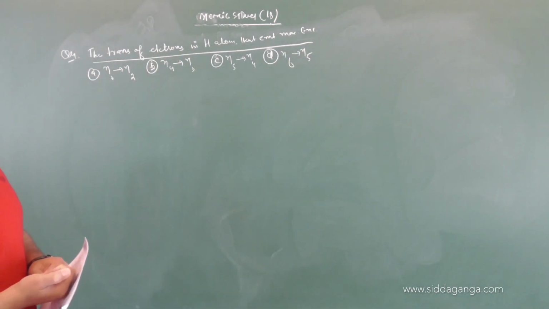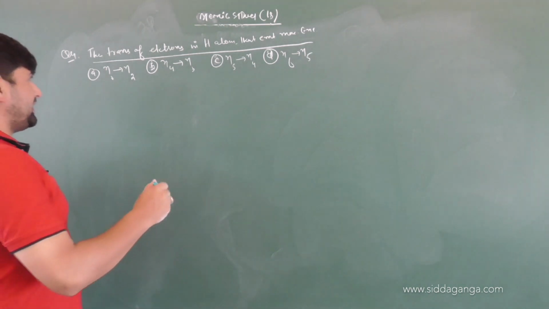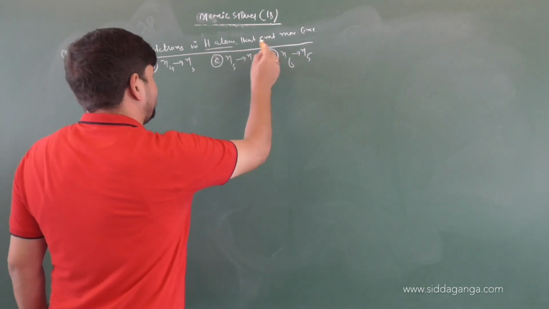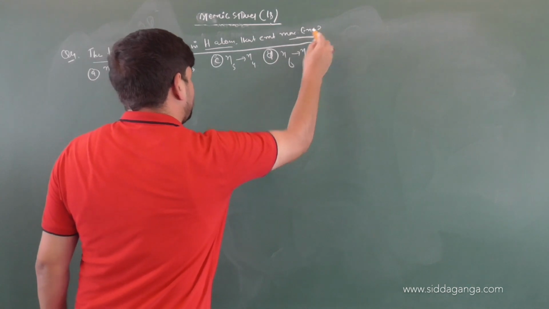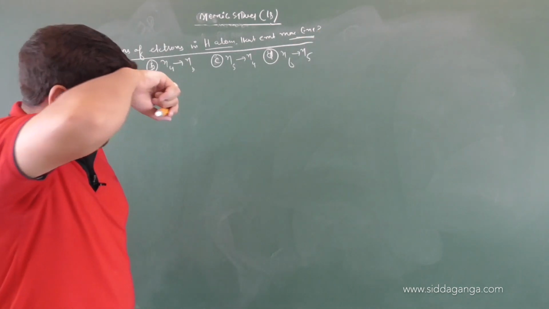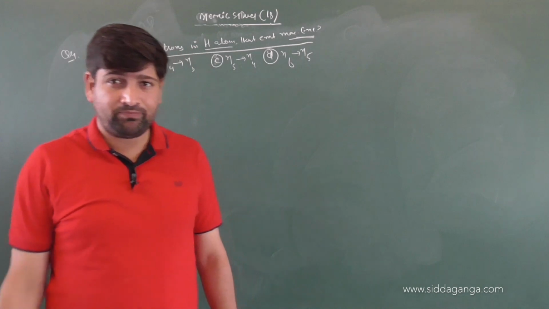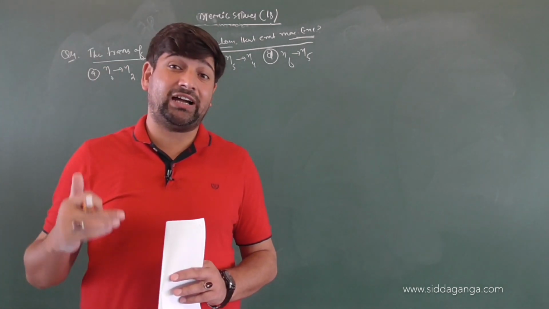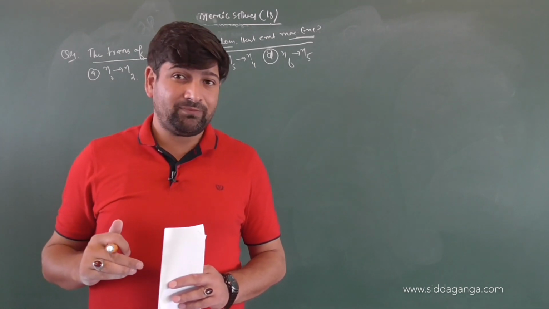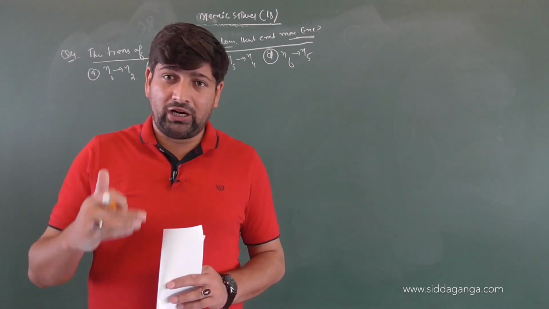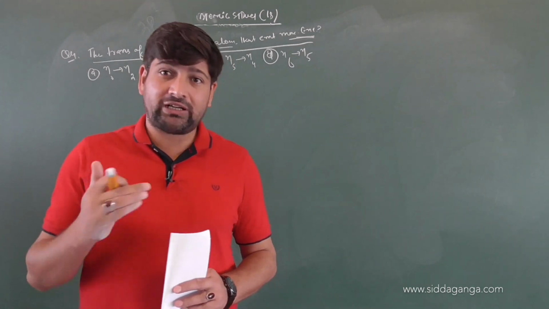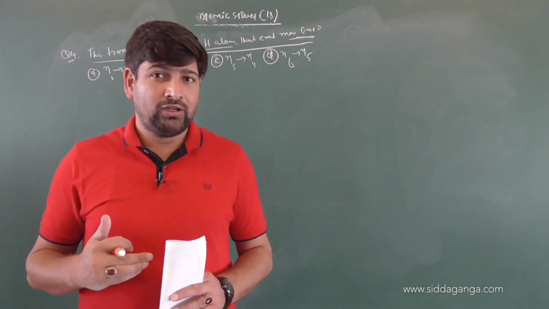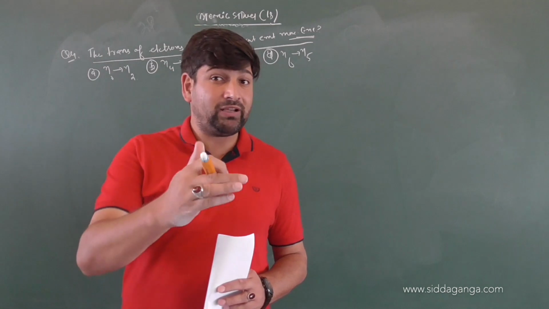Good. Now we have to find out the transition in the hydrogen atom where maximum energy will be emitted. Naturally, maximum energy will be emitted when the electron is coming from higher energy level to the ground state, because in hydrogen atom we know that if we are more close to the ground state of hydrogen, that's N1, the emission of radiation will be in ultraviolet zone.